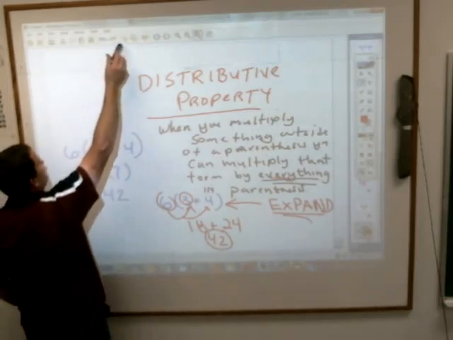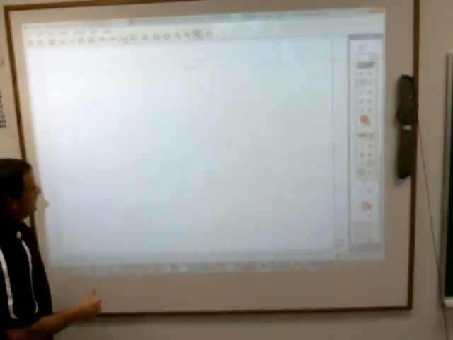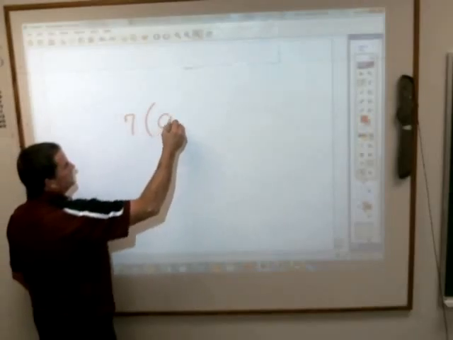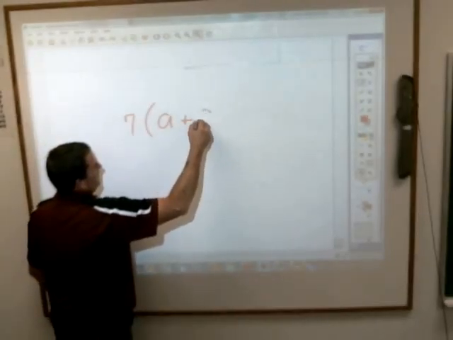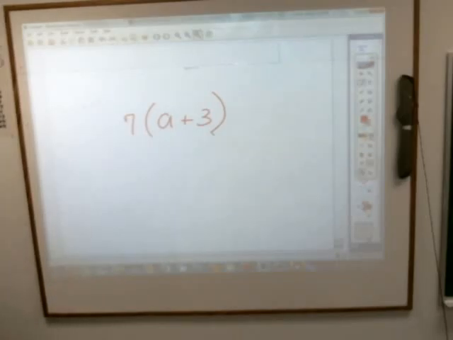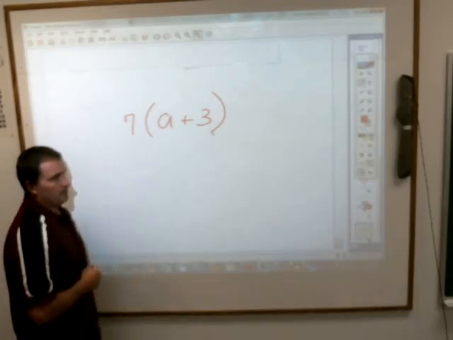The reason why the distributive property is a beautiful thing is because sometimes you have things in parentheses that you can't add together. For example, if I have an A and a 3, I can't put those together. They're unlike quantities, or unlike terms, we call it in math.